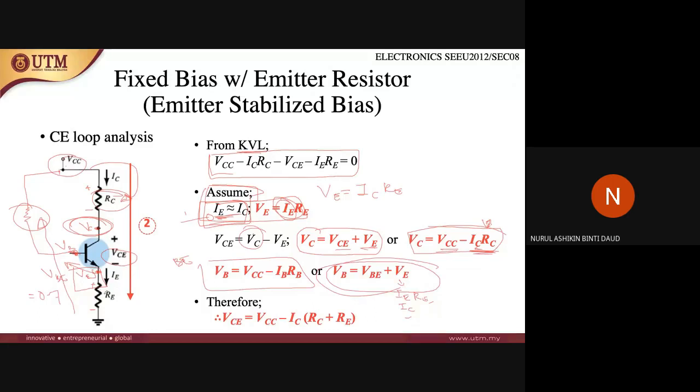If we expand this equation, you will get VCC minus ICRC minus ICRE, where this is the potential drop at the resistor RE, and this is the potential drop at the resistor RC. So you will get the value of VCE here. Next, I hope until here is okay. All right. Next, let's look at the example.